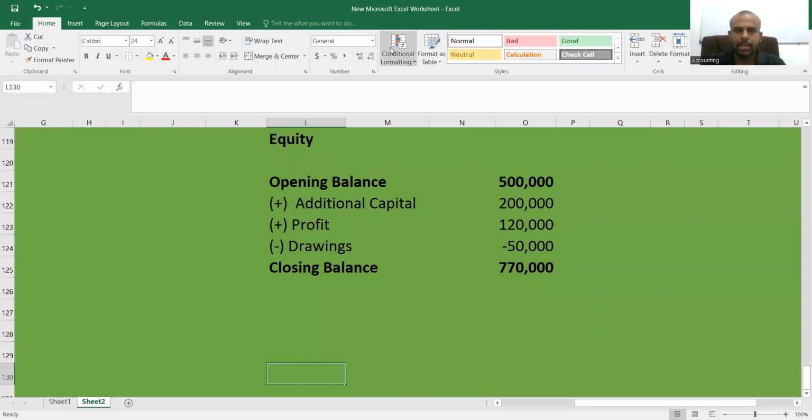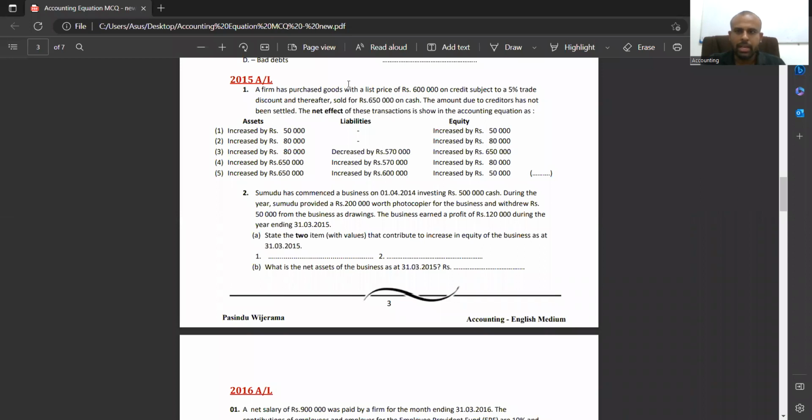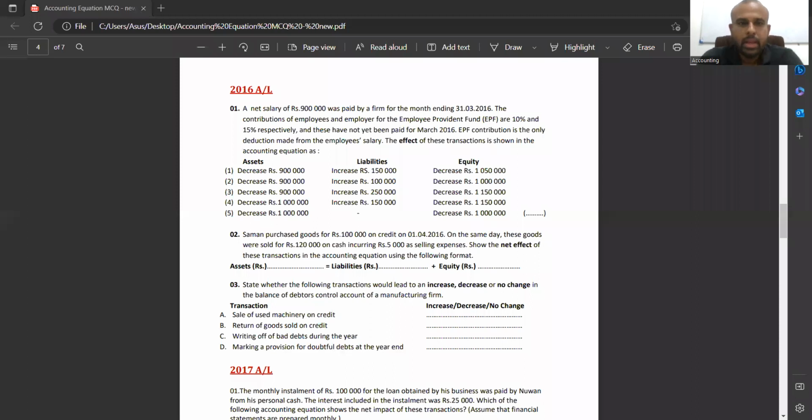That is all about the 2015 A-level paper question. We did 2012, 2013, 2014, and now we have done the 2015. The 2016 A-level paper question, they have given 3 questions.